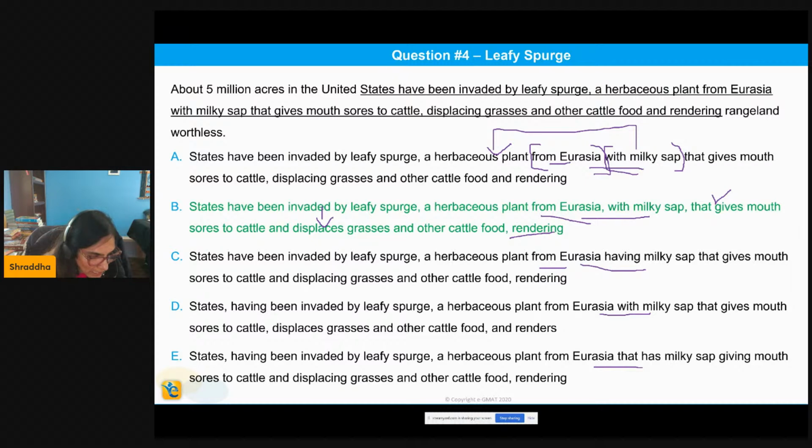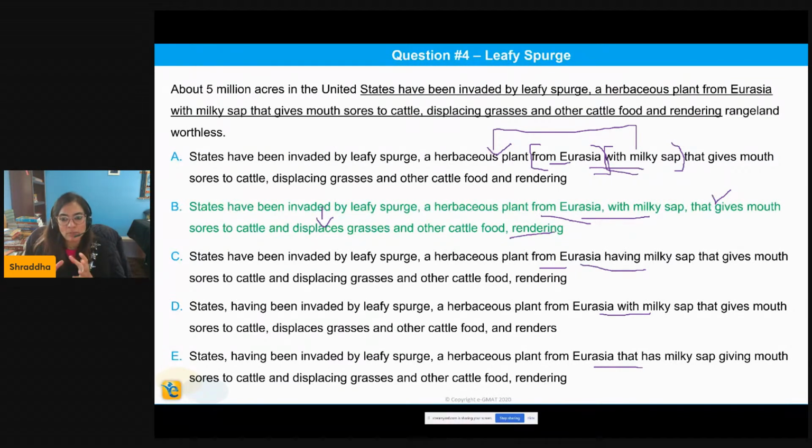In A, why can't that gives mouth sore jump and refer to herbaceous plant? Because that's a verb, and because there is no comma over here. There is a structural difference. See, again, Jaydeep, do not learn the grammar like that. Learn the application.